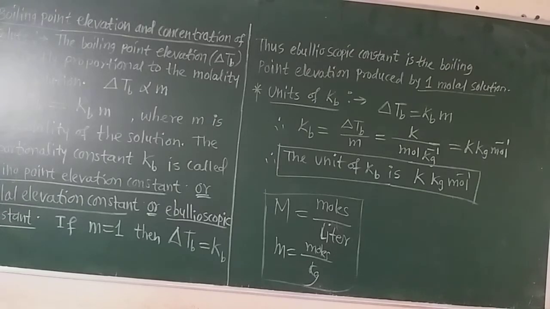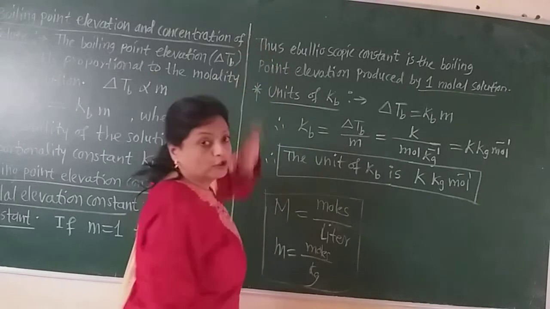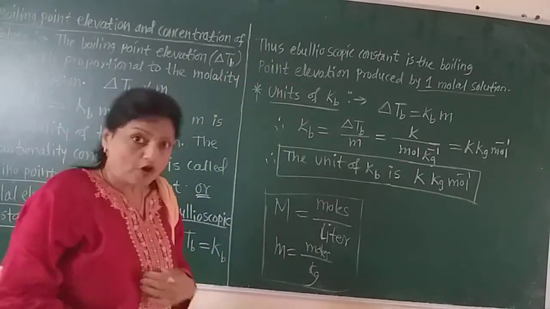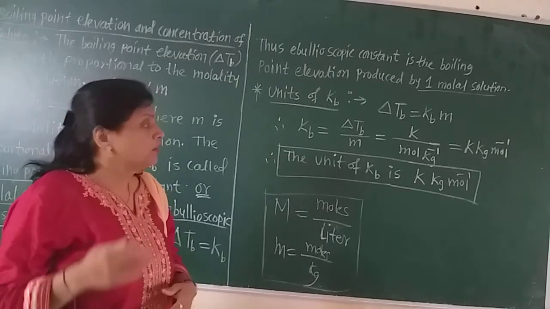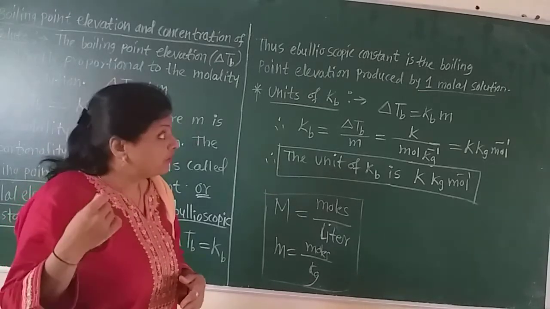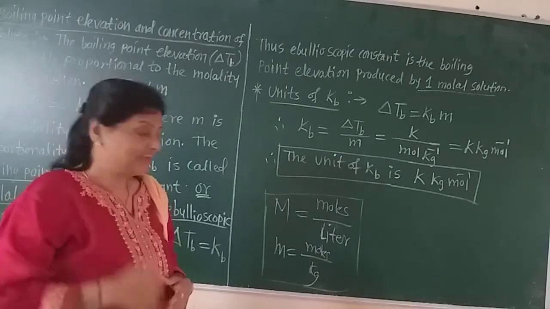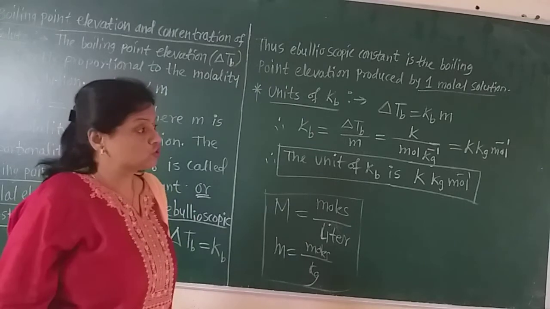That means the ebullioscopic constant is the boiling point elevation produced by 1 molar solution. Now this is the definition of ebullioscopic constant. Thus the ebullioscopic constant is the boiling point elevation, that is delta Tb, produced by 1 molar solution, that is when molality is 1. Now this is the definition of ebullioscopic constant.